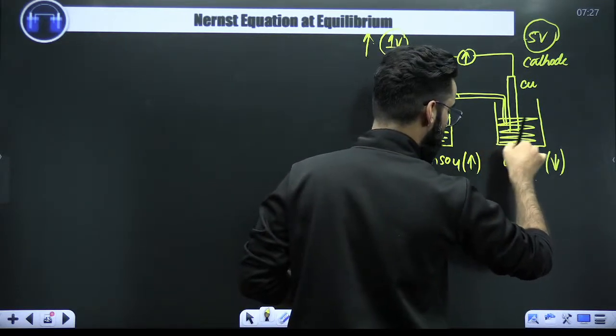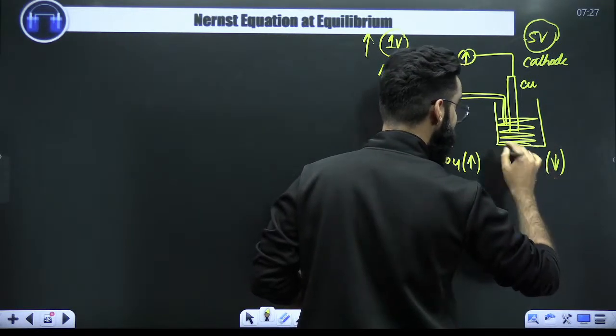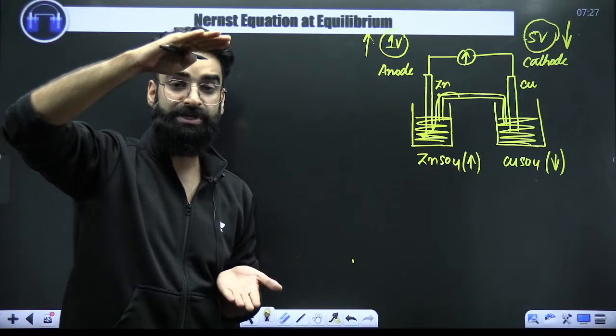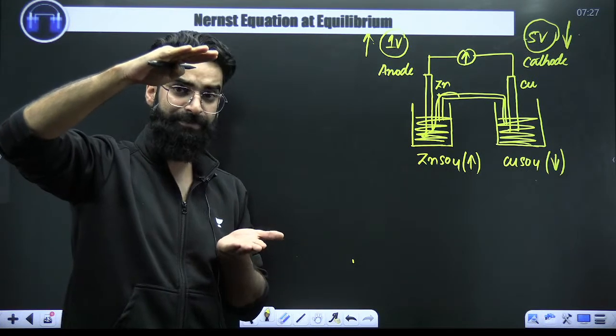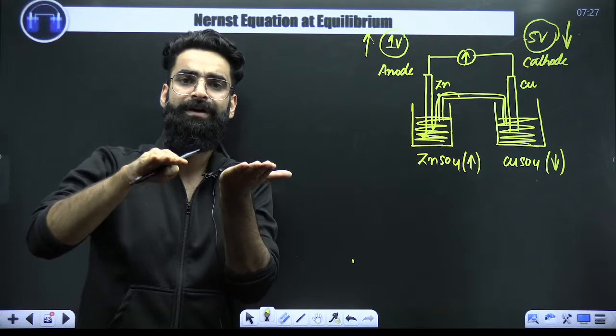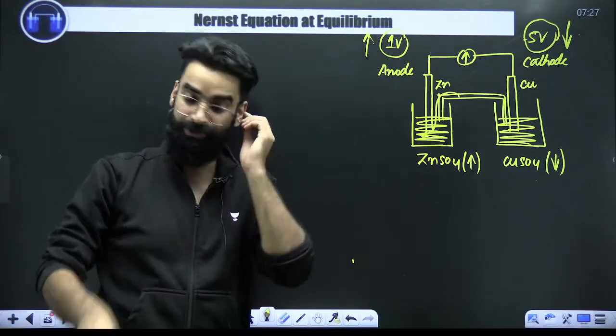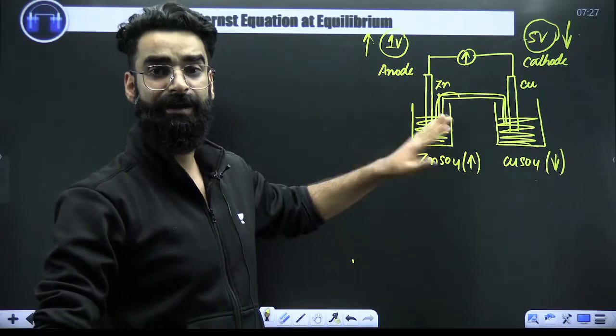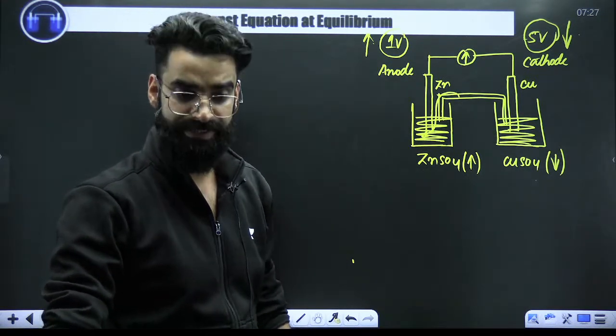Similarly, the concentration of copper sulfate in the right container decreases. Therefore, the reduction potential of copper will decrease with time. So the reduction potential of zinc increases with time and the reduction potential of copper decreases with time. Can I say a stage will come at which the reduction potential of both the electrodes will be the same?